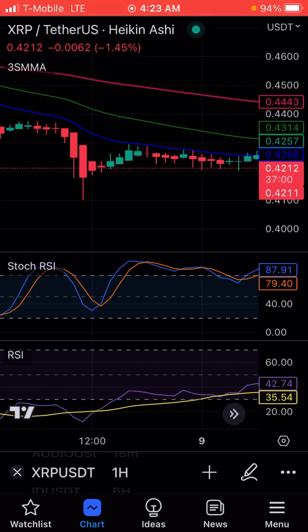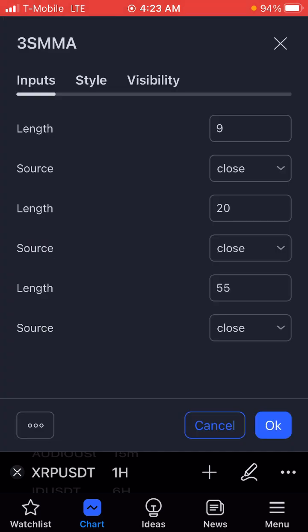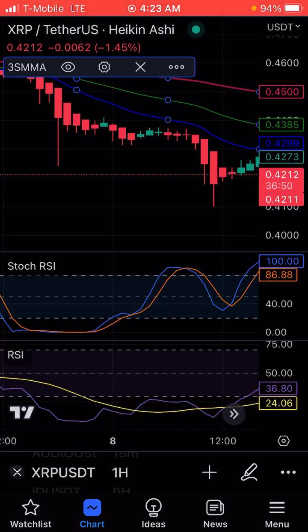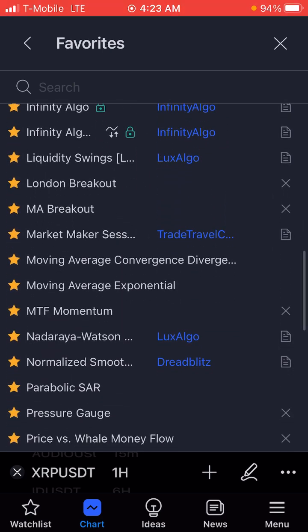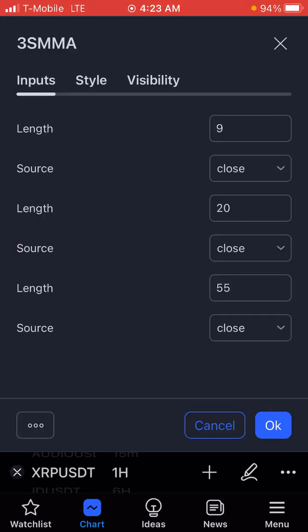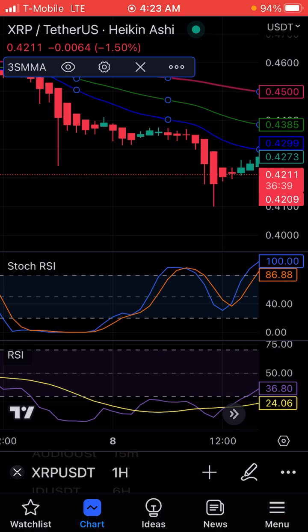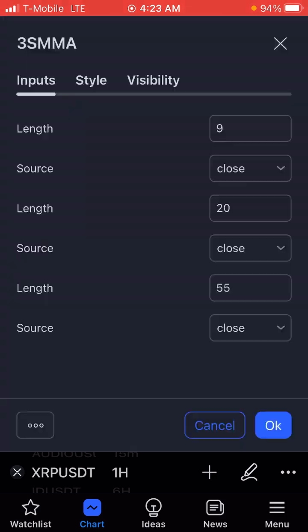So, just the formula that you need to apply the strategy. Like I said, you can either load up the exponential moving average, click it 3 times, and put in 9, 20, and 55, or you could just put in the 3 smoothed moving averages, which condenses it all into one indicator, so it's not cluttering up your screen, and it looks pretty.